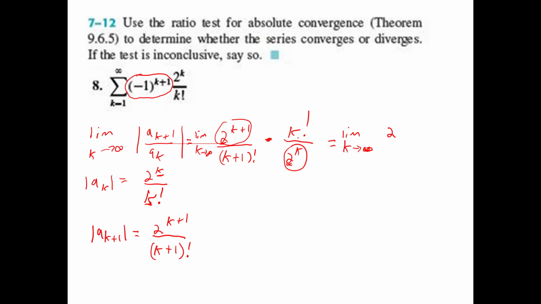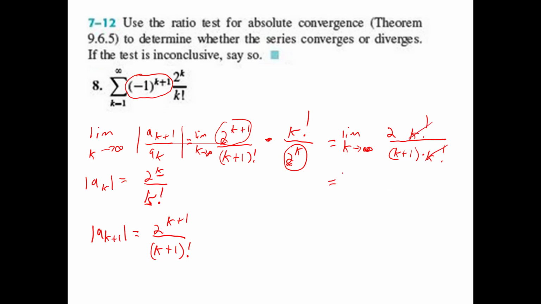With the k factorials, what we do is we break off a factor of k plus 1 in the denominator, and then times k factorial. And in the numerator, we keep it k factorial. And so then the k factorials go away.